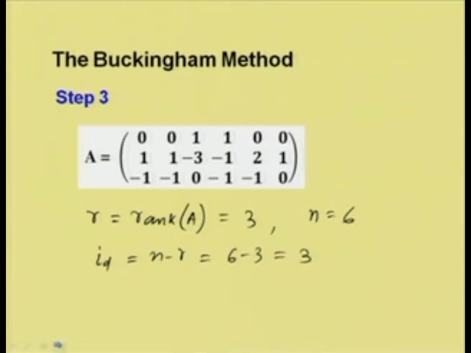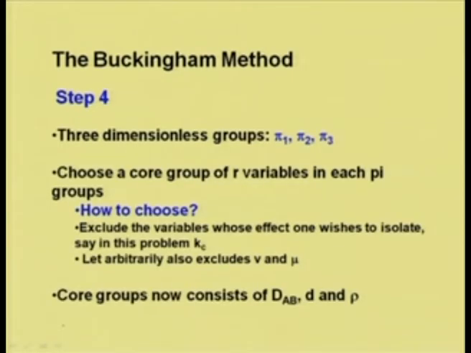Let us symbolize these dimensionless groups as pi 1, pi 2 and pi 3. So, step 4, the 3 dimensionless groups we represent as pi 1, pi 2 and pi 3. Now, from the system we have to choose a core group of R variables in each pi group. So, how to choose these core groups?